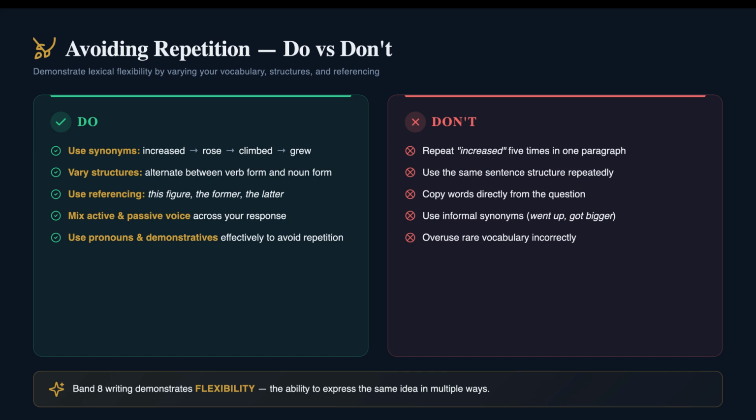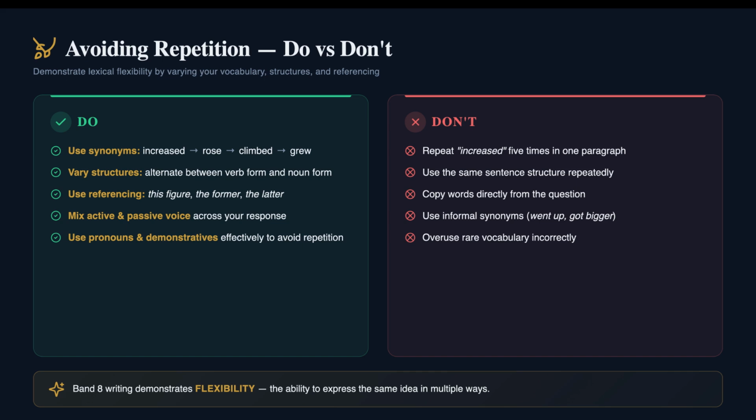And that is when the band score is being dragged down. Using the same sentence structure repeatedly. Again, when you use the same sentence structure repeatedly, it shows that you are not flexible enough. You are not an advanced user, right?